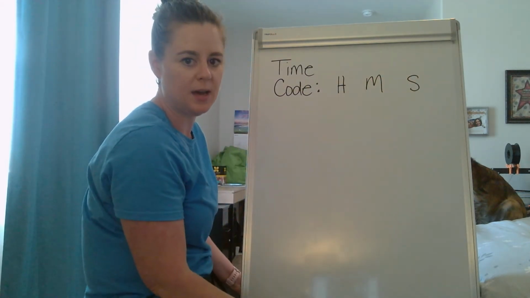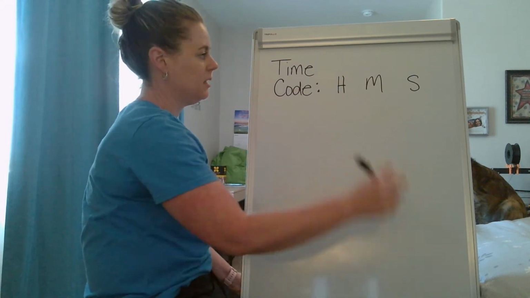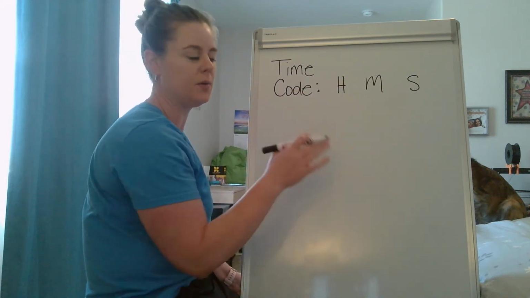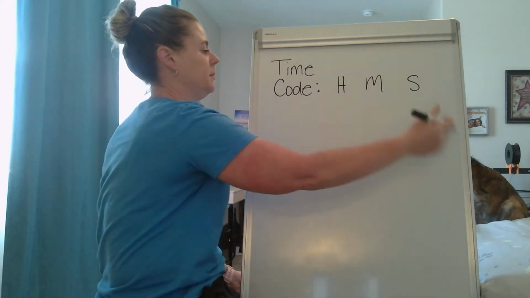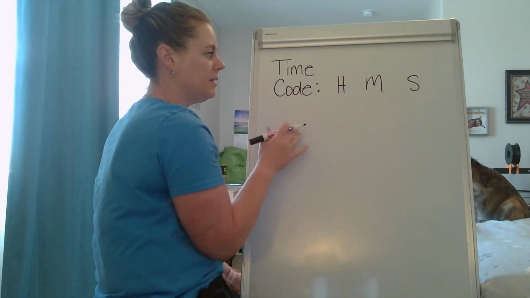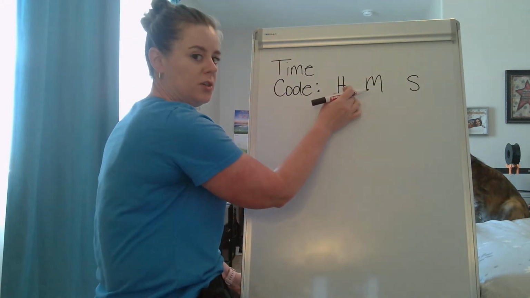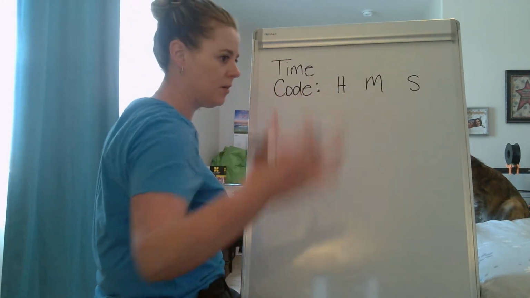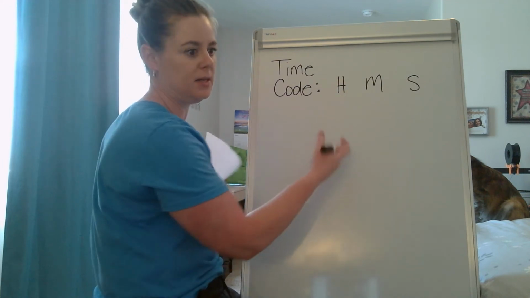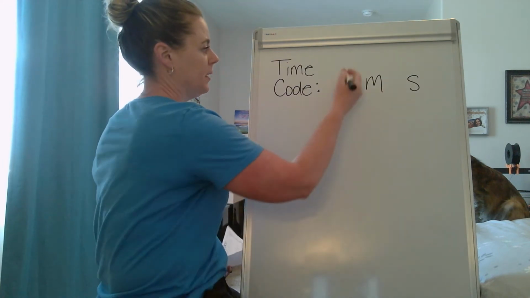Just like our kilometers, meters, centimeters, millimeters, we're doing the same thing. Here's our larger unit, that's the bigger. 1 hour is bigger than a minute. A minute is bigger than a second.